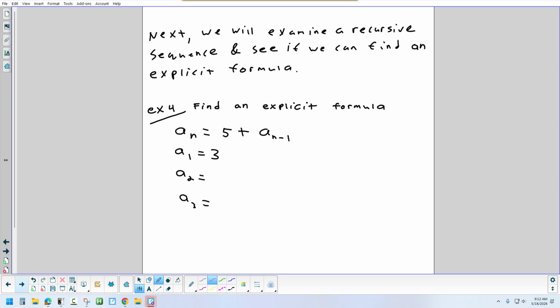So now I want to see if we can do the same thing, but this time I want to change it to an explicit one. If you want to write something explicitly, the first thing to do is list the first few terms, look for a pattern, and then try to change it. So the first term here is 3.